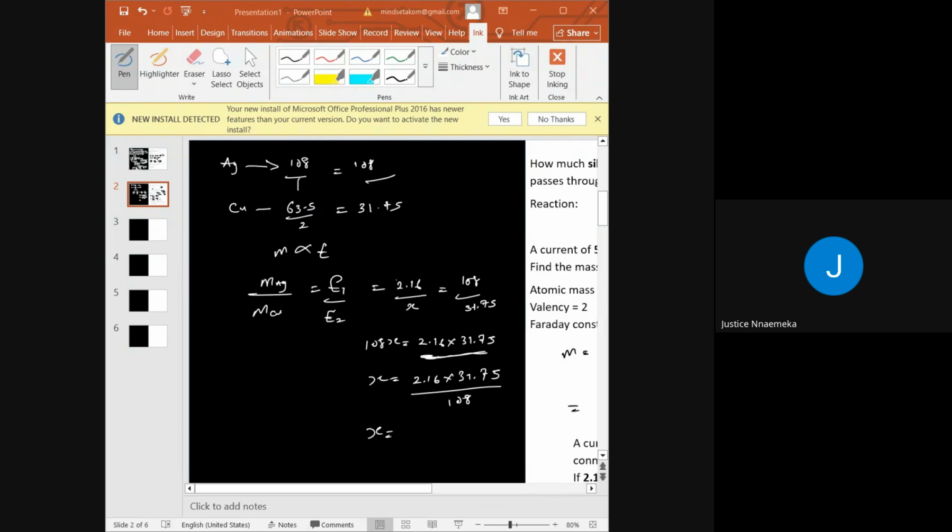I'm getting 0.715. What do you say? You got 0.634.